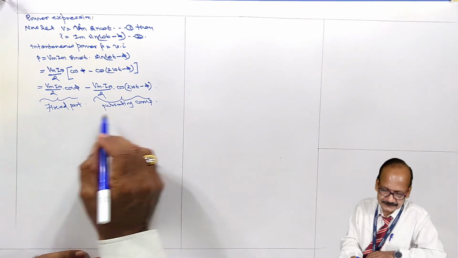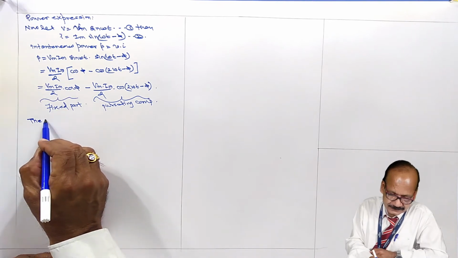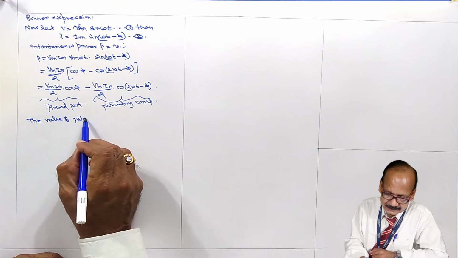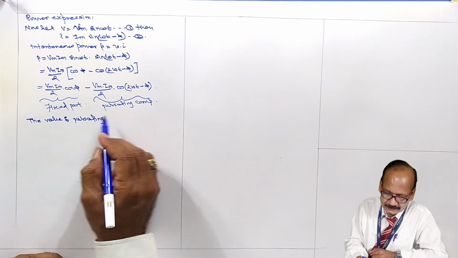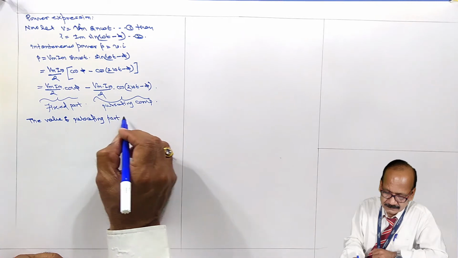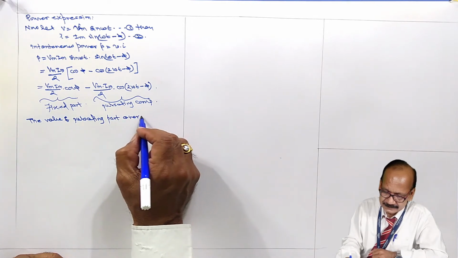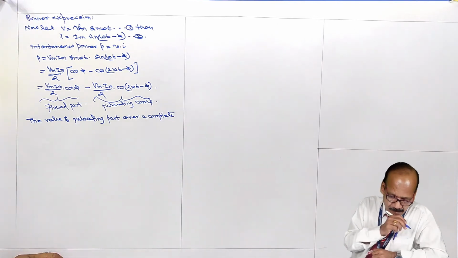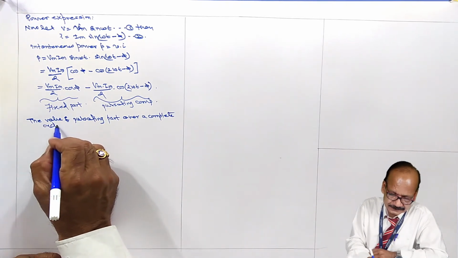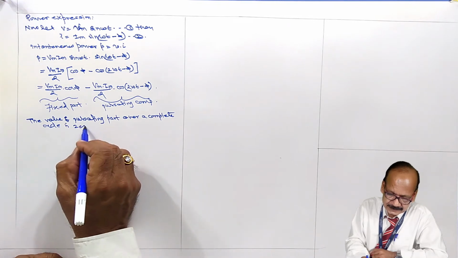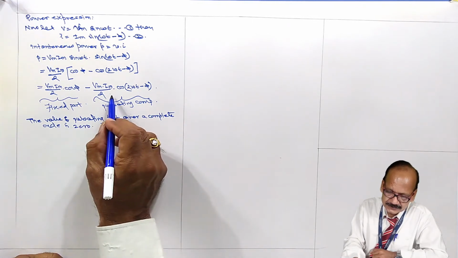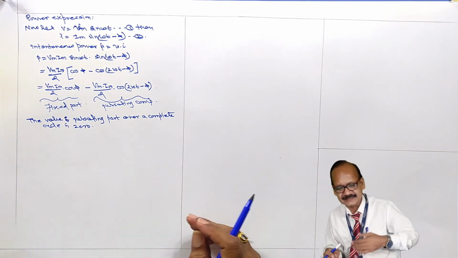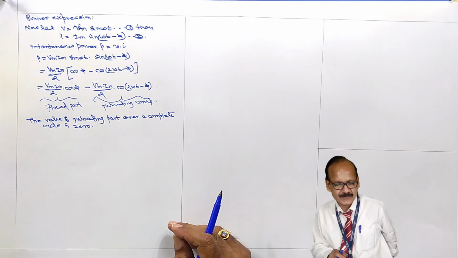Now the value of the second part, the pulsating part, over a complete cycle is 0. So this goes to 0, the second part. Over a complete cycle means we have to take the integration from 0 to 2 pi.